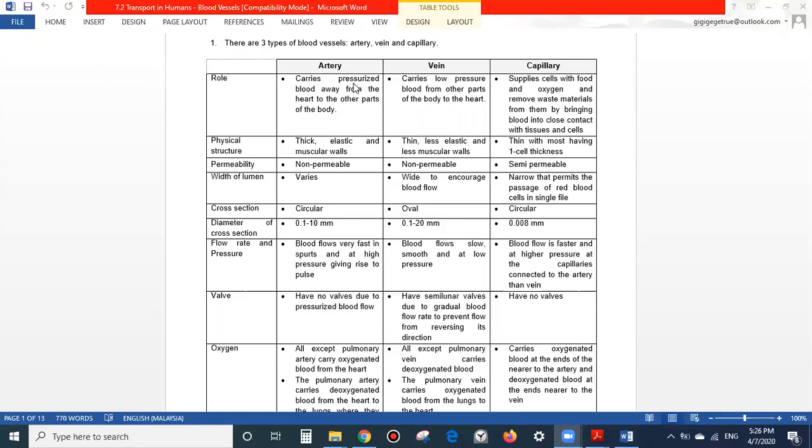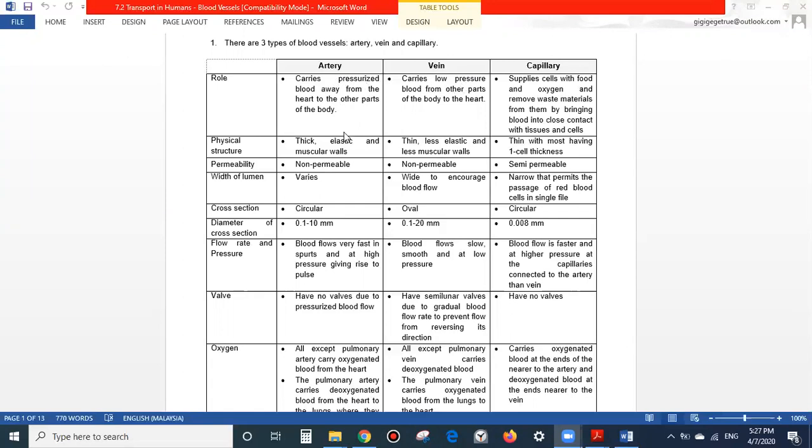If you are very thin, due to high pressure, it will burst. For vein, it is less thick because, after all, it is carrying low pressurized blood. So in that case, there is no need for it to become thick.